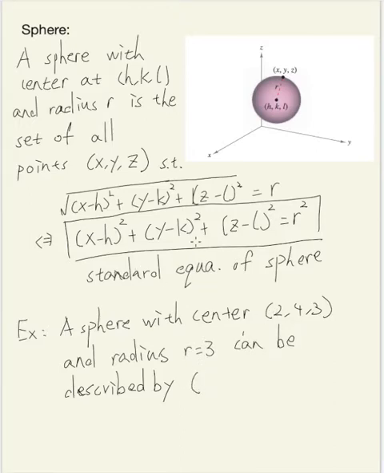So our h is 2, k is 4, l is 3, and r is 3, so we have x minus 2 squared plus y minus 4 squared plus z minus 3 squared equals 3 squared, which is 9. Okay?